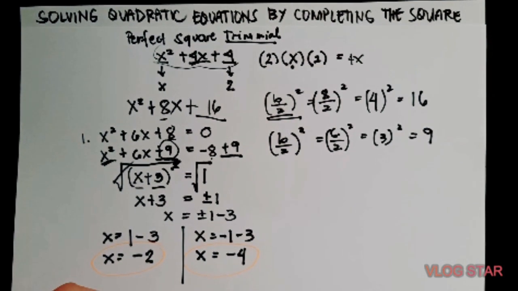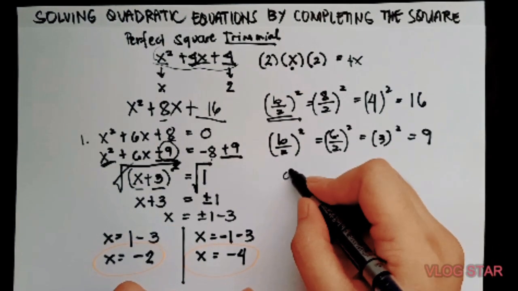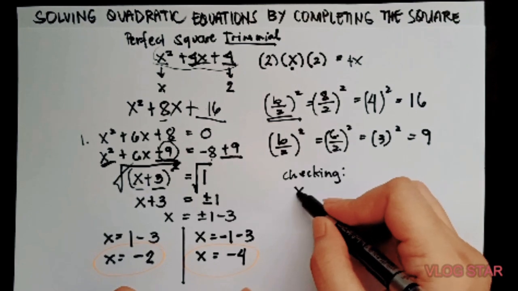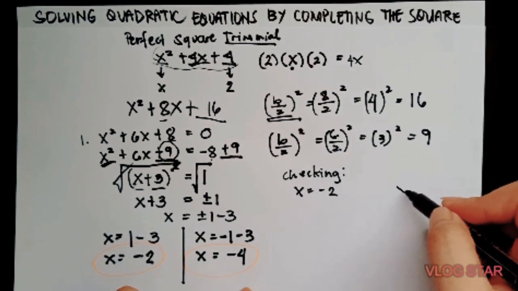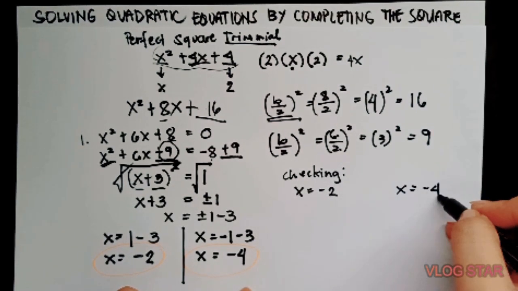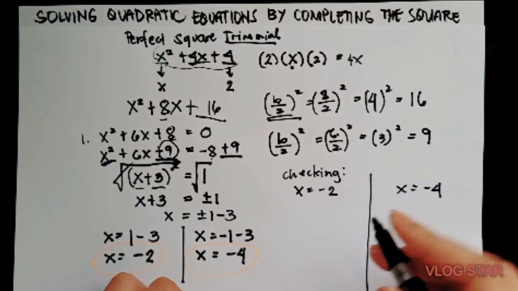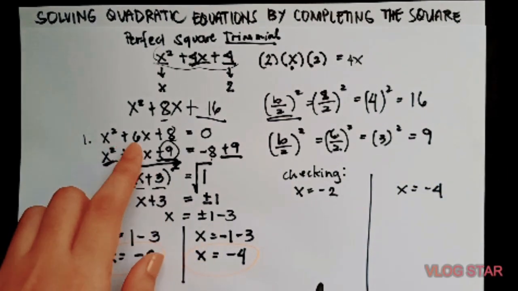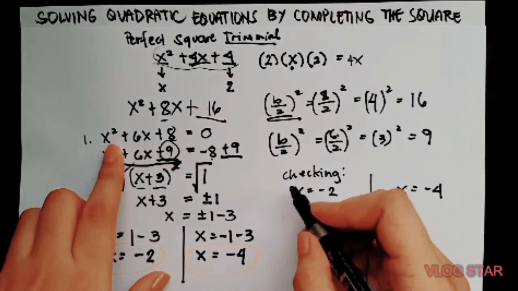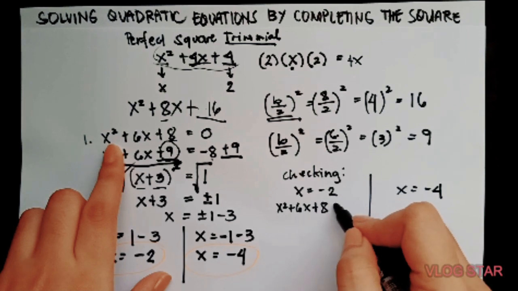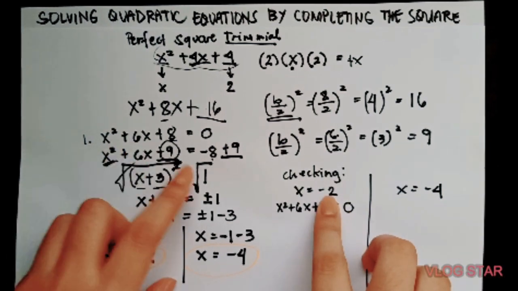And of course, we're going to have checking. Let us check if our answers are correct. We're going to check if negative 2 and negative 4 are the solutions to the equation. So again, we will be taking the original equation, which is x squared plus 6x plus 8 equals 0. Substitute negative 2 to x.